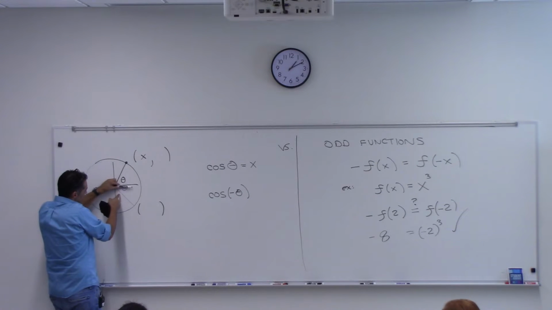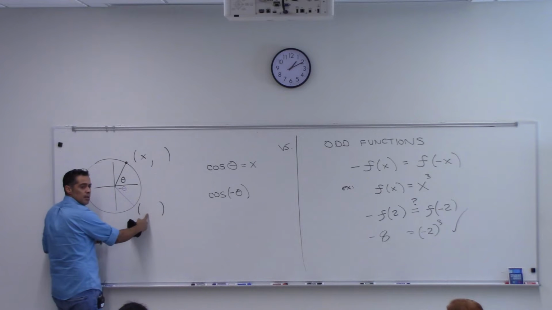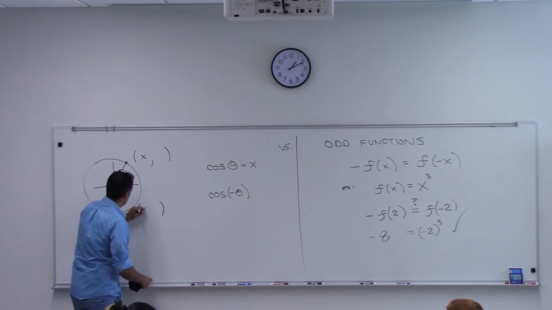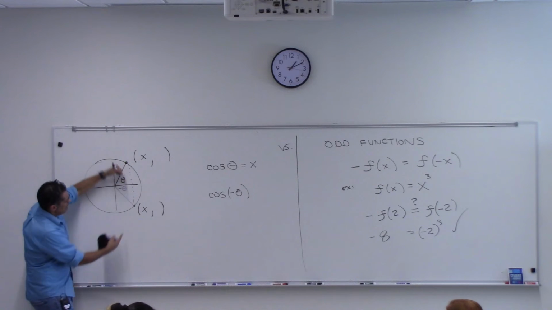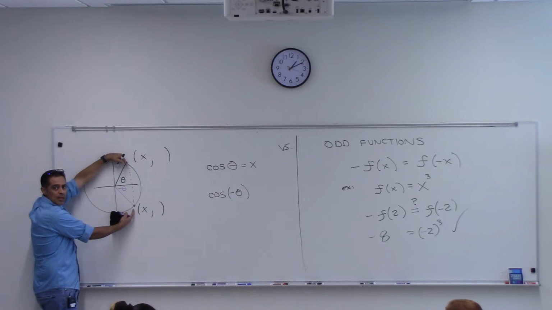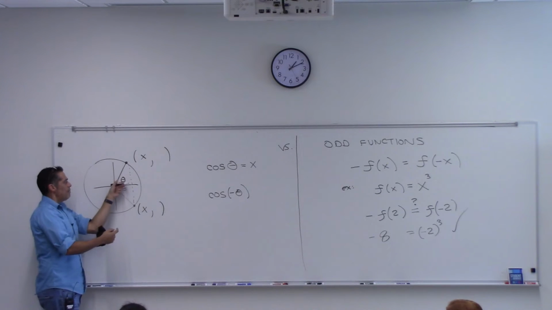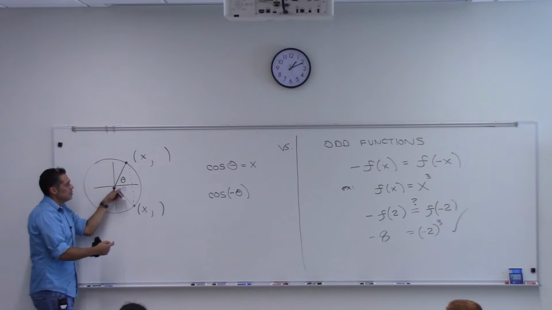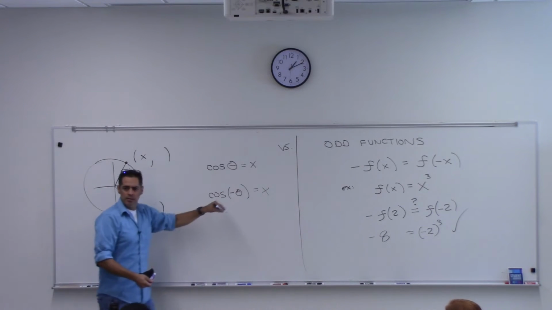If I rotate negative theta, cosine of negative theta should be what? This x coordinate here, right? And aren't these two x coordinates the same? How far we go out is the same whether we go up or backwards, right? So in other words, these two are equal to one another, aren't they?